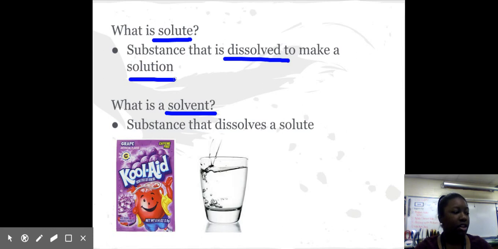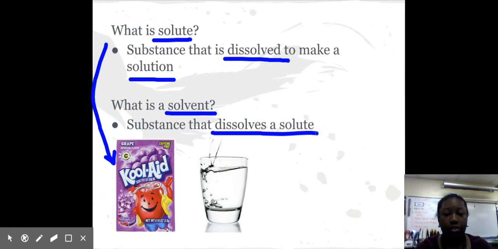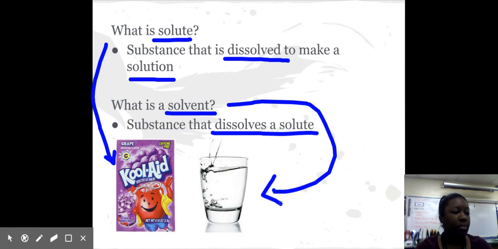For example, the Kool-Aid packet here is our solute, and the solvent is what dissolves the solute. So we know the solvent is the water. Okay, so this goes back to what we discussed last year when we talked about the water cycle and the water properties. We're also going to be talking about it this year again towards the spring semester.